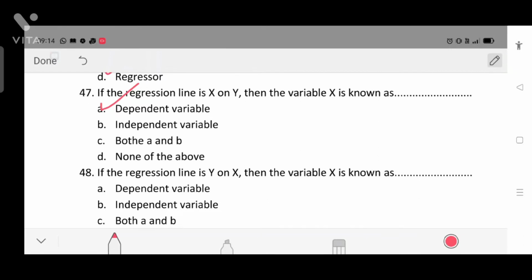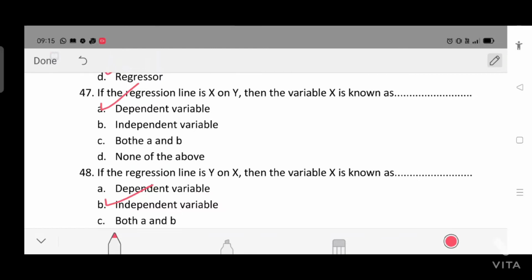If the regression line is y on x, then the variable x is known as independent variable. What is the difference between questions 47 and 48?